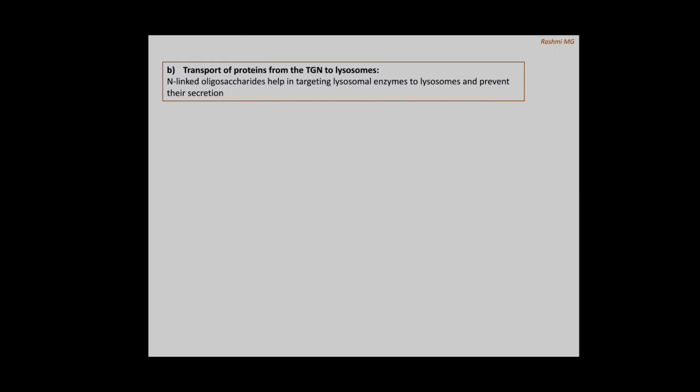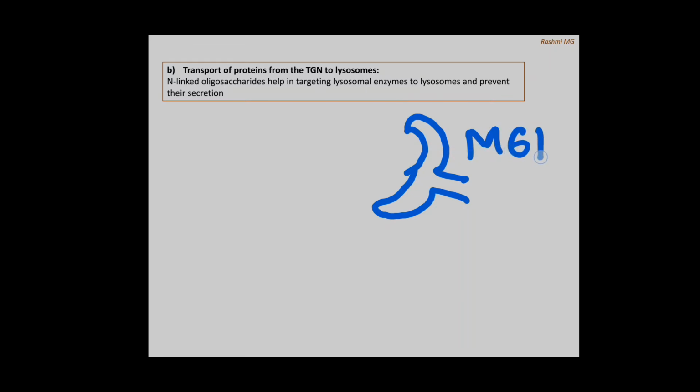Next step is there are some receptors in the trans-Golgi network. There are some receptors waiting. That receptor is known as the M6P receptor. The name is evidently giving you a hint. What does it receive? It receives M6P.